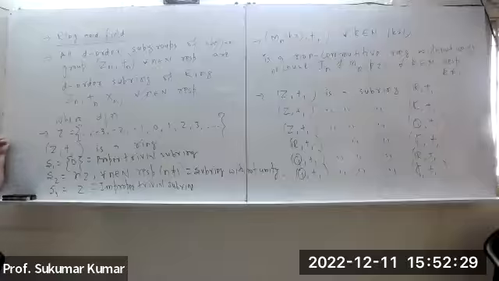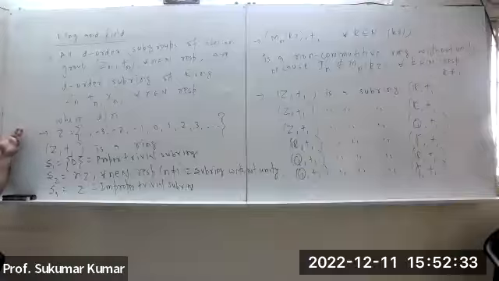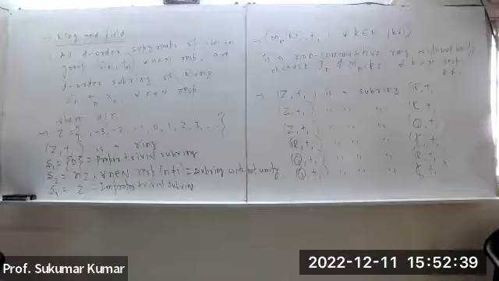Here we can also tell every ring has at least two subrings. Identity means 0 and itself. Every ring we can tell the set of real numbers is a subring of itself. Complex, rational, everything is a subring of itself.